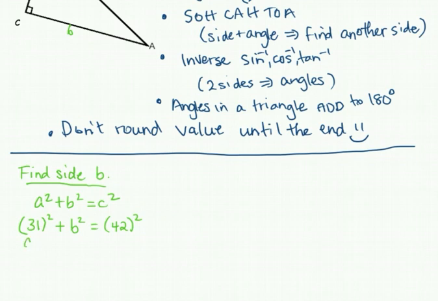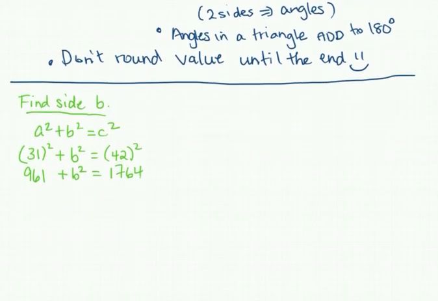All right, this is 961 plus B squared, and this one is 1,764. Okay, so we're going to keep going here and solve this equation.